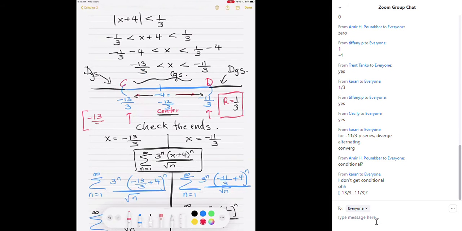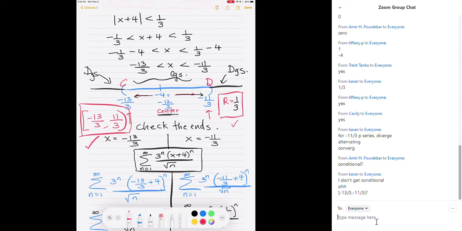Negative 13 thirds to 11 thirds. And that's it. And so this is your interval of convergence. And this is going to be the radius of convergence. So you are saying that this series converges only if you pick x between negative 13 thirds to 11 thirds.